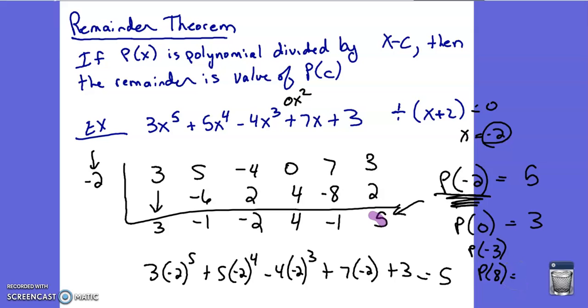The remainder, what's left over, is the same thing as if I used synthetic division and looked at the remainder. So again, that's what the remainder theorem talks about. It literally says if p of x is a polynomial divided by a factor, then the remainder is the same value as if I plugged the c into the polynomial.